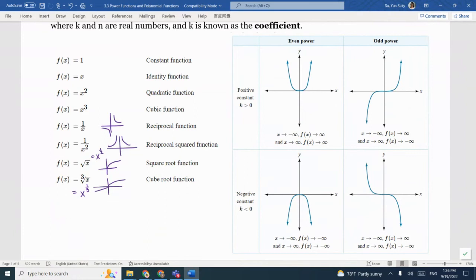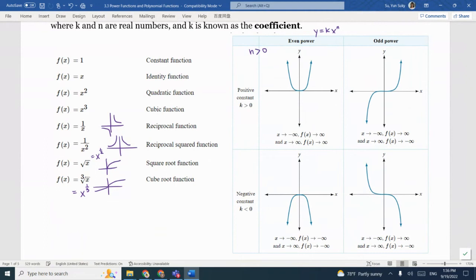Okay, so y equals kx to the n, and let's suppose n is greater than 0 and is an integer. If n is even, then the picture is very similar to the graph of x squared. Do you agree? And if n is an odd number, this picture is similar to x cubed.